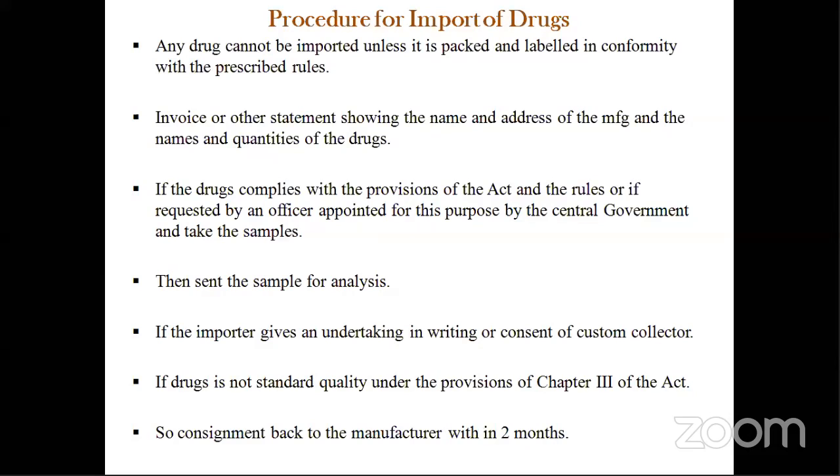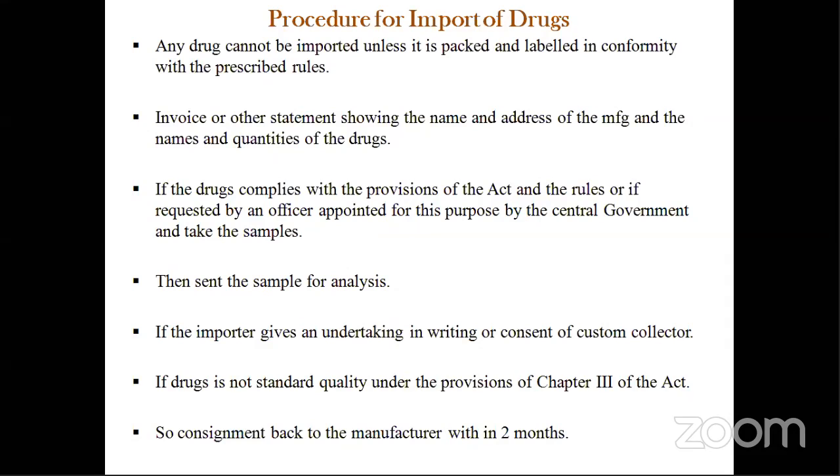The importer gives an undertaking in writing, or consent of the customs collector. During the sample analysis, the importer gives an undertaking in written consent to the customs collector that he has dispensed the samples and handed them to the customs collector or the inspectors. All these provisions are covered under Chapter 3.